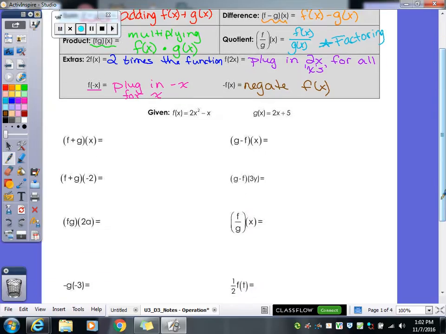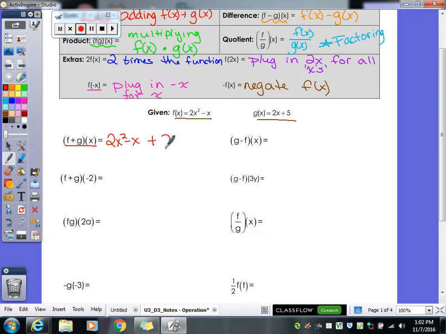All of our examples down here are going off of our two functions right here. F of x and g of x. F of x being 2x squared minus x, g of x being 2x plus 5. So the first one here, they want us to add the two of them together. So again, our f of x is 2x squared minus x.